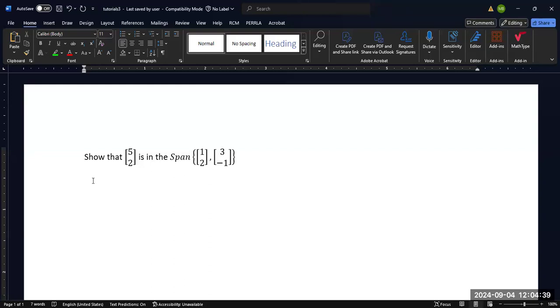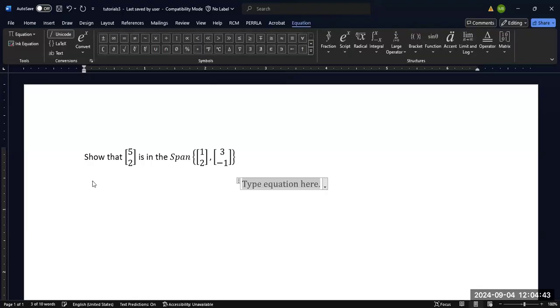So if 5, 2 is in the span, then that means that there is some linear combination of our two vectors, 1, 2 and 3, -1, such that the result is our 5, 2 vector.